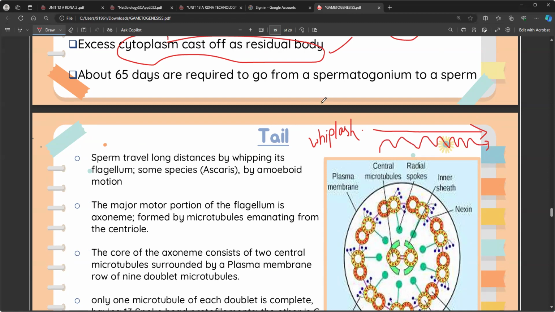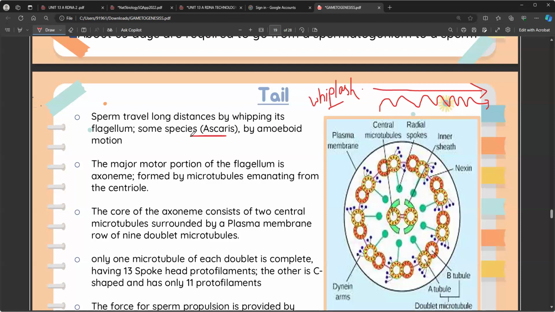So most sperms show the mechanism of whiplash movement only. Certain sperms, such as sperms of Ascaris, will generally show amoeboid motion type of sperm movement. Don't get confused. So how is this particular tail helpful in the movement, friends?